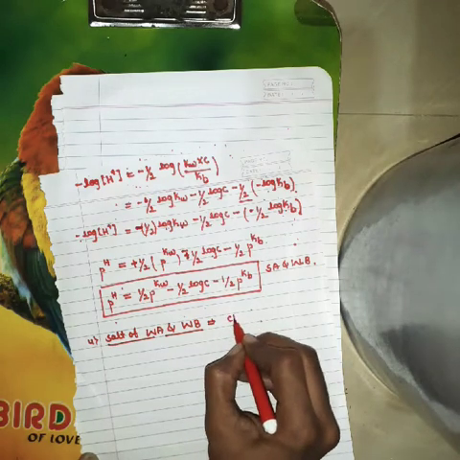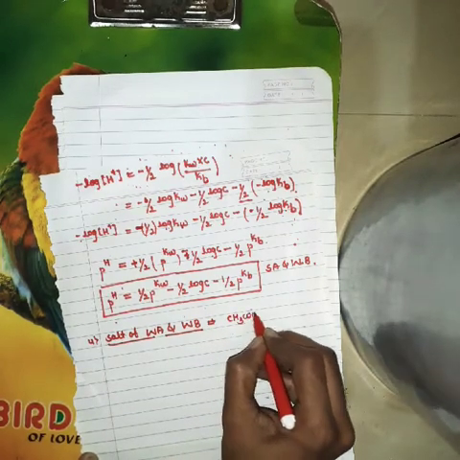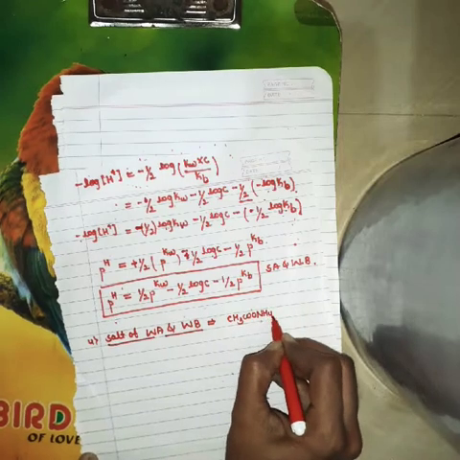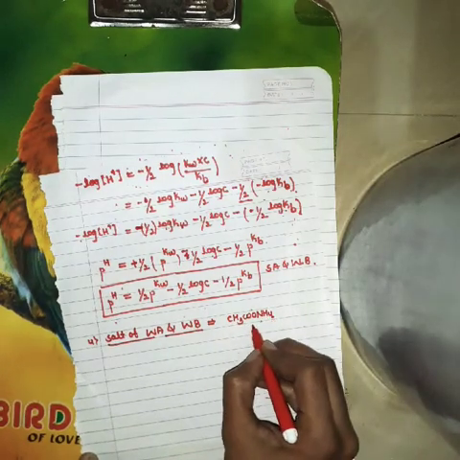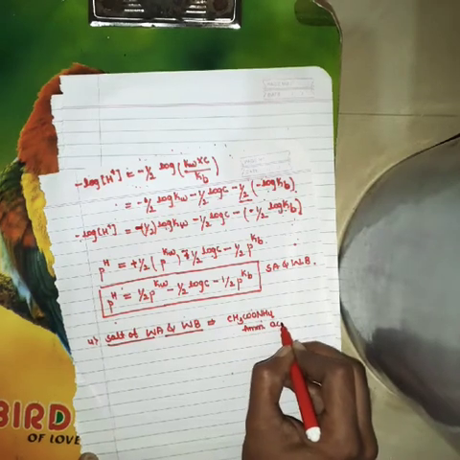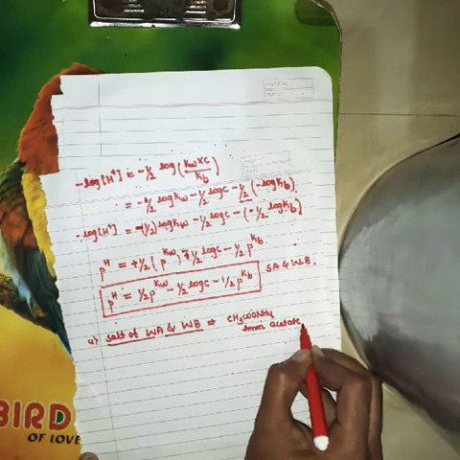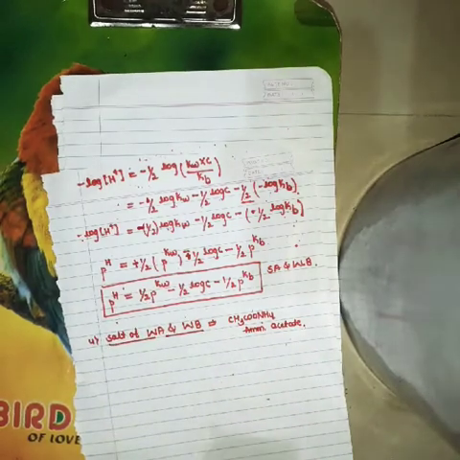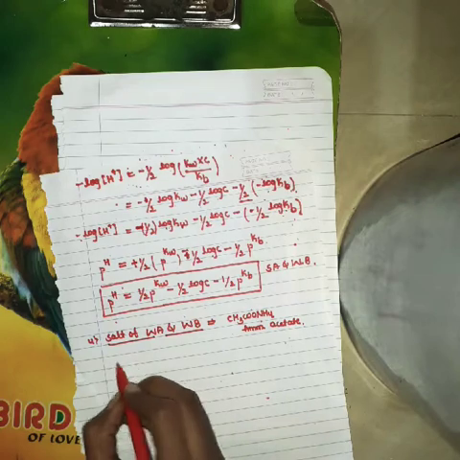Consider an example of CH3COONH4. This is ammonium acetate. How will it undergo hydrolysis?